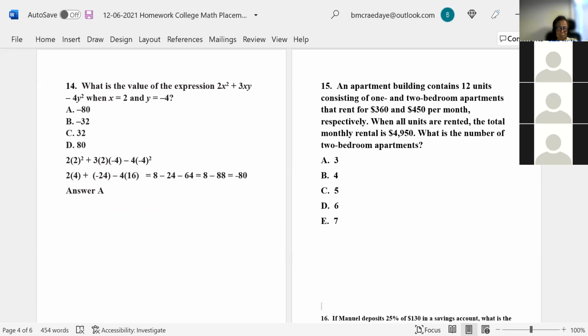When all units are rented, the total monthly rental is 4,950. What is the number of two-bedroom apartments? Any ideas how you would solve this?